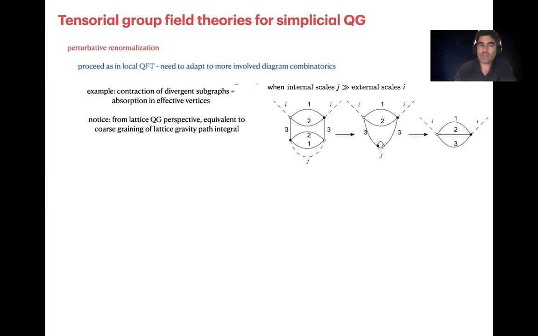I point out, just to give you an idea of what it means to adapt things, that the typical contraction of divergent subgraphs and absorption of the same in effective vertices, from a lattice perspective, is equivalent to the coarse graining of the lattice gravity path integral. So there is a corresponding interpretation of the graph operation in terms of the dual lattice.